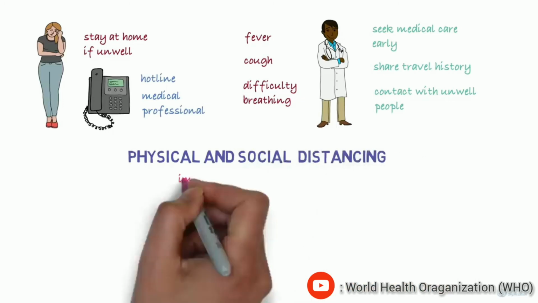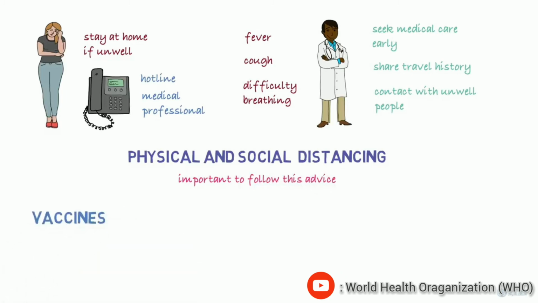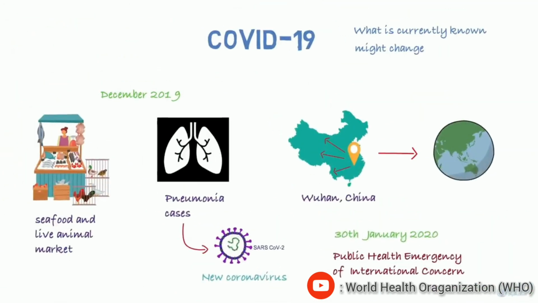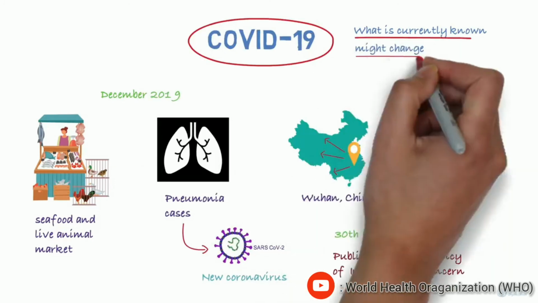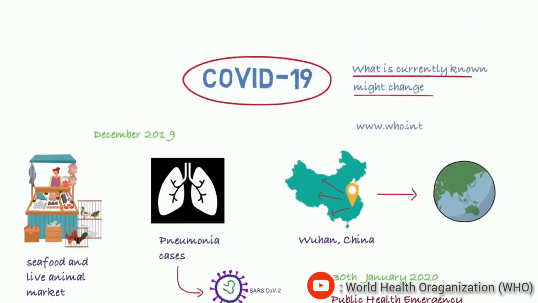It's important to follow their advice. Vaccines to prevent COVID-19 are currently under development, and scientists around the world are working hard to make this happen. That's a quick look at this emerging infectious disease. We're still learning about this virus every day, and what's known may change. So please, check the website below for the most up-to-date information.